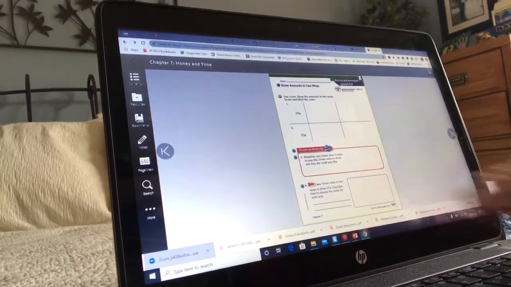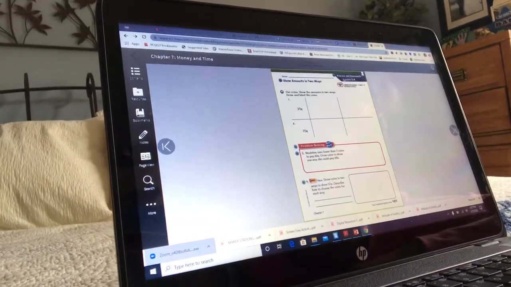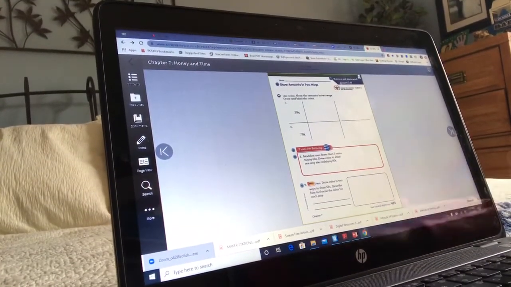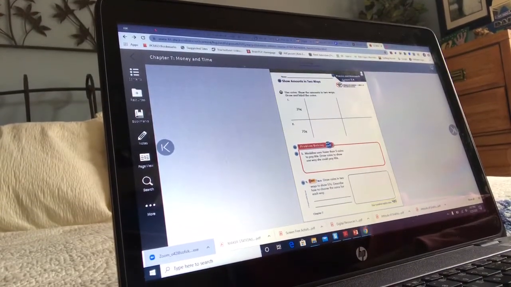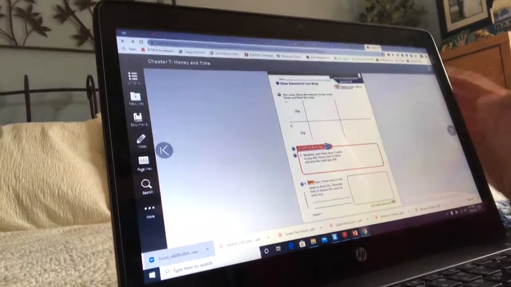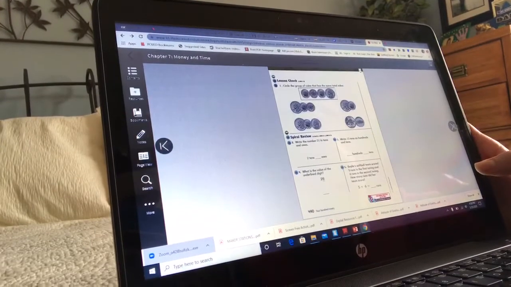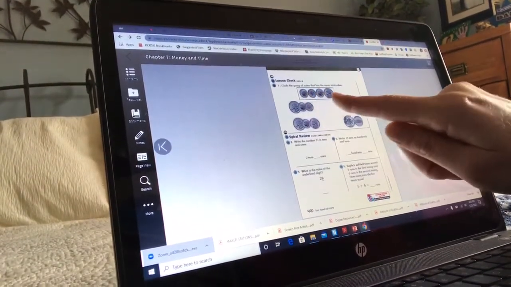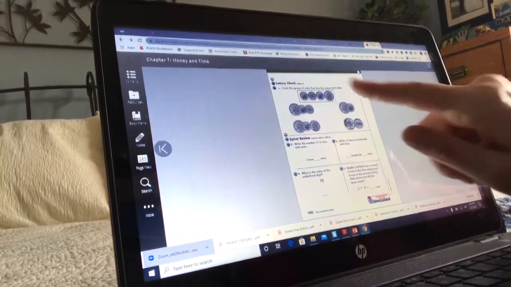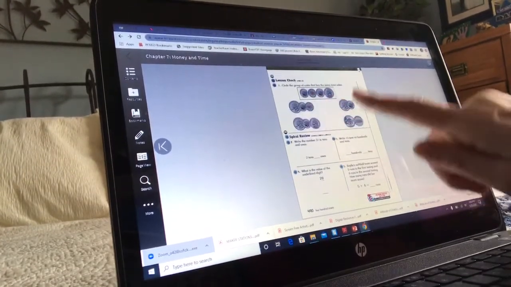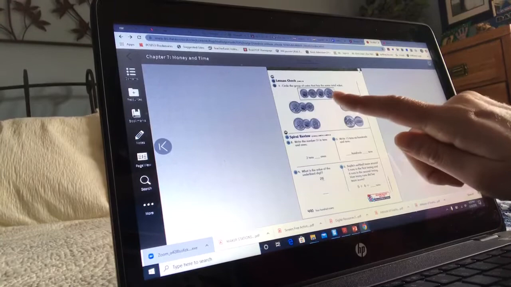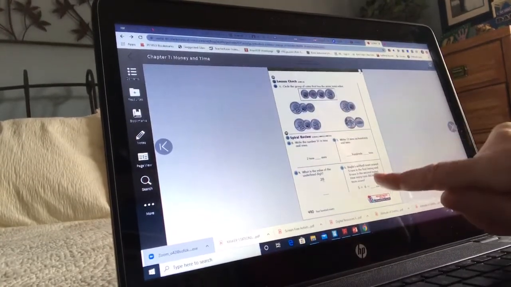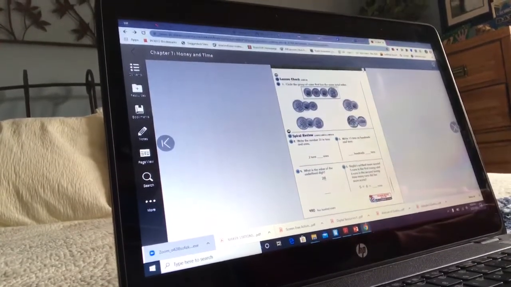And really challenge yourself to describe what you were doing there in a sentence. We do that all the time. And then on the back, you're going to find how much this group of coins is worth. And then you're finding another set of coins that is worth that same amount. And then you're doing your review section down here.